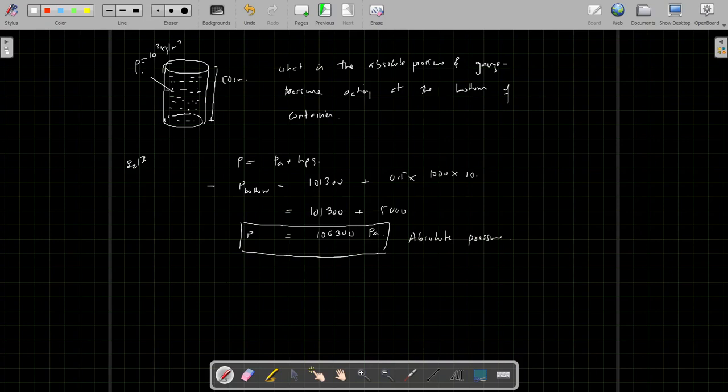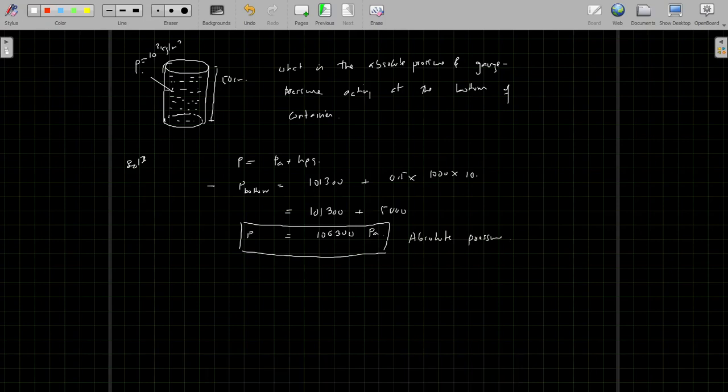Now what is the gauge pressure? To find the gauge pressure, what do you do? Subtract. If you look at this expression, P bottom minus PA atmosphere will give me 0.5 into 1000 into 10 Pascal.